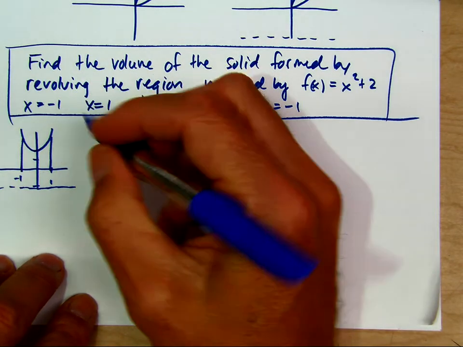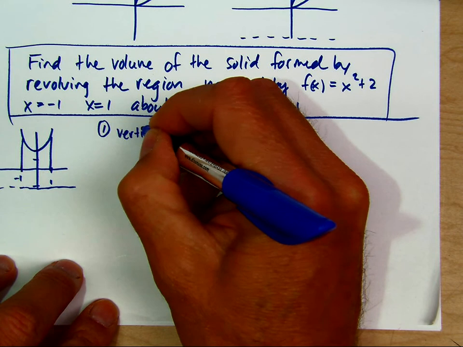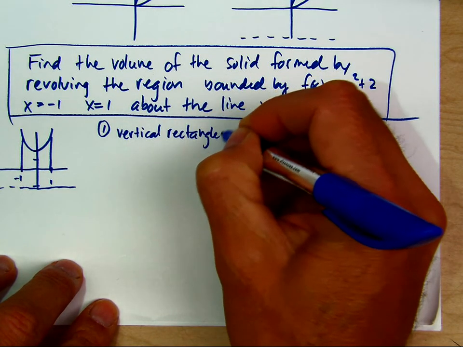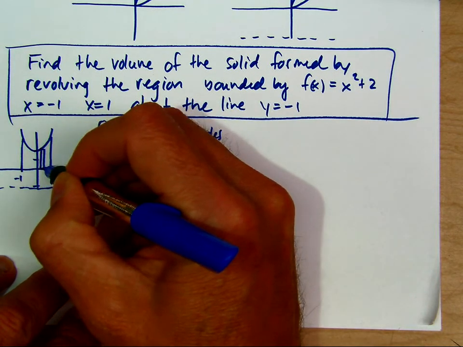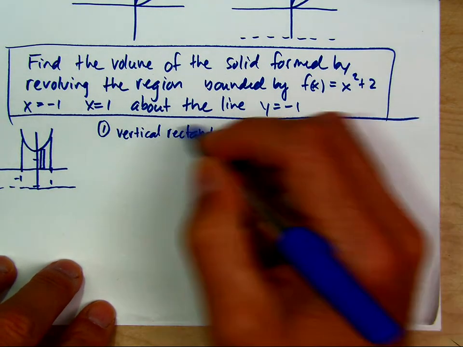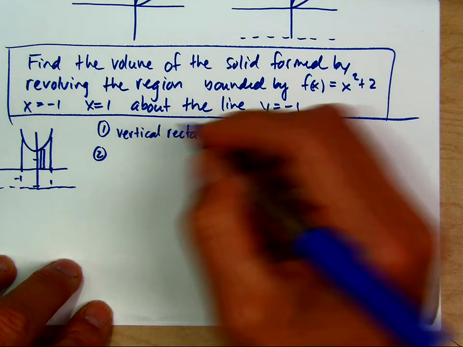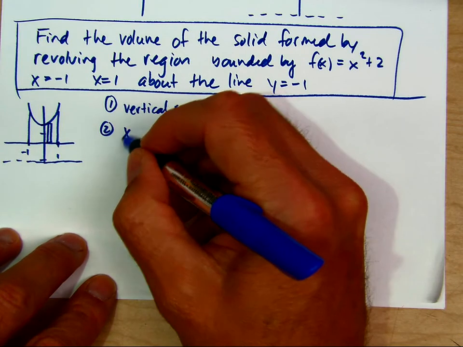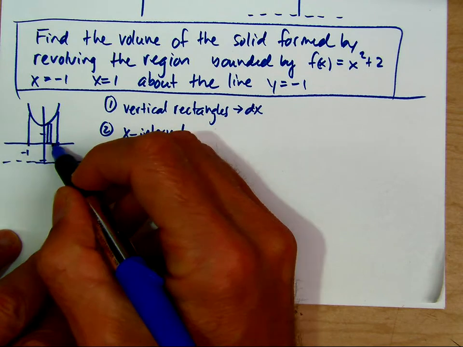So we have to think of, should we use vertical rectangles? Does every rectangle that we draw have the same top and bottom? Yes, so let's use vertical rectangles, and that means we need to have the integral in terms of x. If we have the integral in terms of x, we need an x interval. We can see the interval is from -1 to 1.